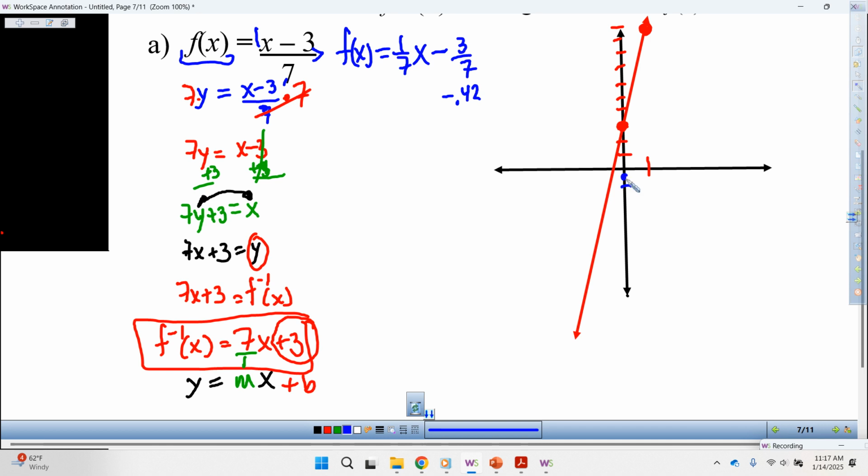Negative 0.4 is about right there. And what is my slope? 1 up, 7 to the right. So I go 1 up, and I go 1, 2, 3, 4, 5, 6, 7. And graph your other line.